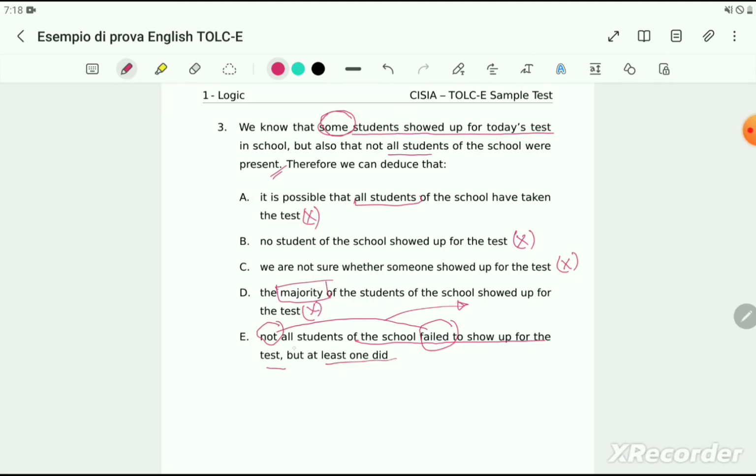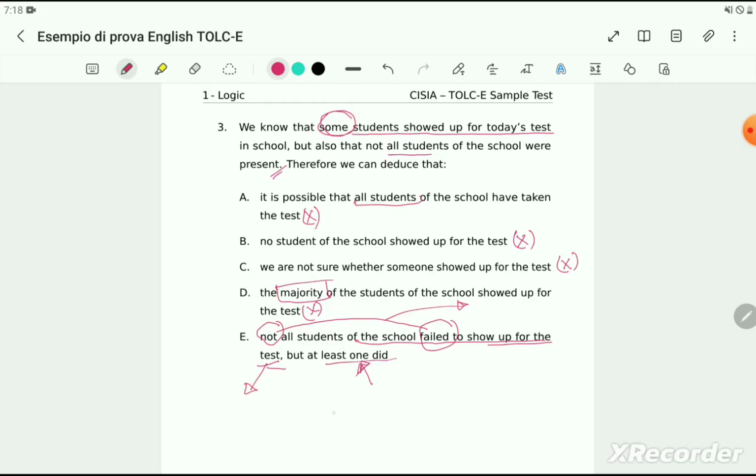Like some students show up for the test. So the first statement is true. But at least one did.